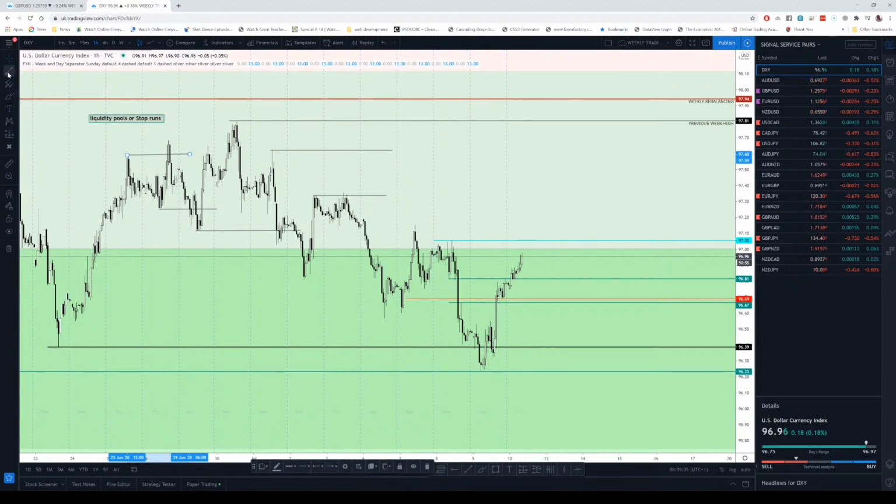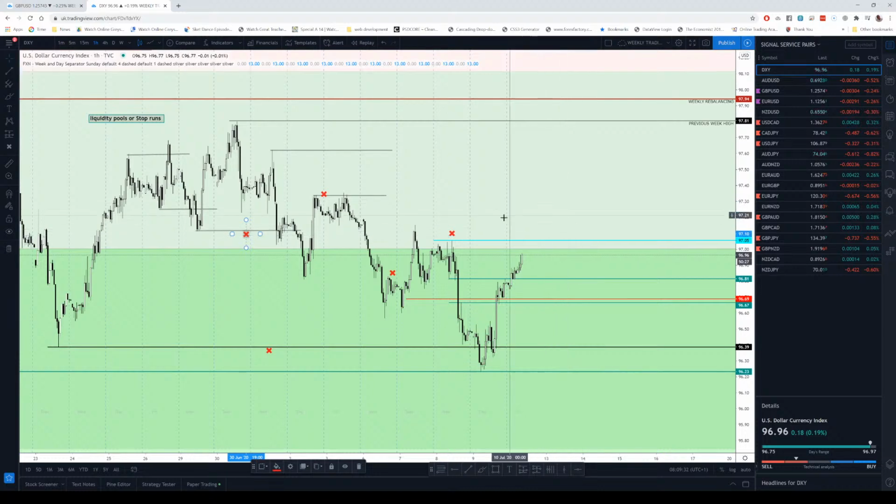It's going to go around taking out stops. Let me put an X. Taking out stops and running in the opposite direction. The market is going to take out stops and run in the opposite direction, and that's all this condition is.